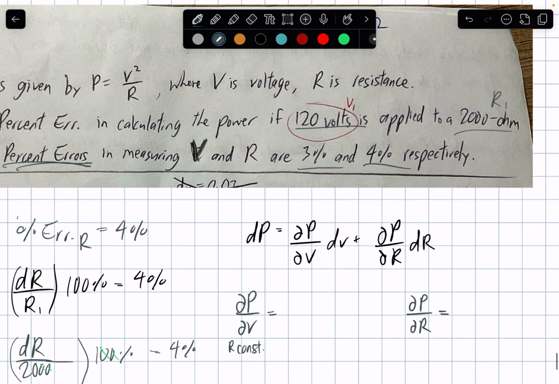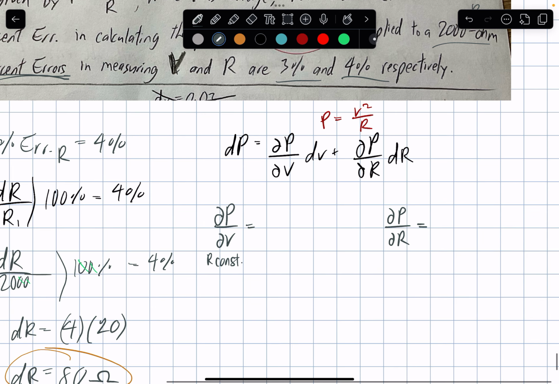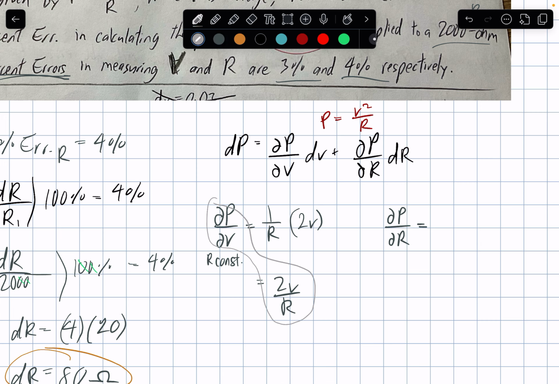The formula is P is equal to V squared over R. R is a constant, so set it aside. So 2V over R. That's it.